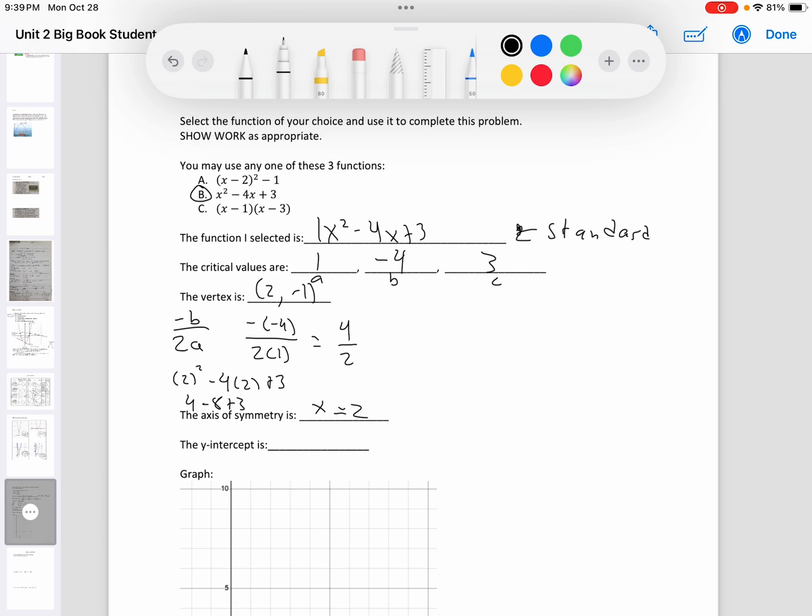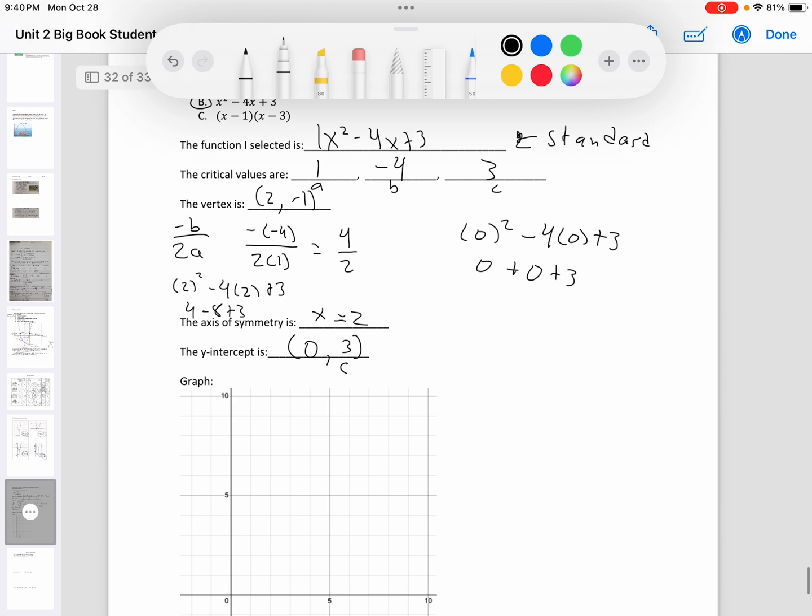And the y-intercept is going to be the point where x is 0, and we substitute that back into the function. So here we would have 0² - 4(0) + 3. 0 squared is 0, minus 4 times 0 would be plus 0, plus 3. 0 plus 0 plus 3 is 3. And we could have also remembered that in standard form, the y-intercept is (0, c), and c was 3.